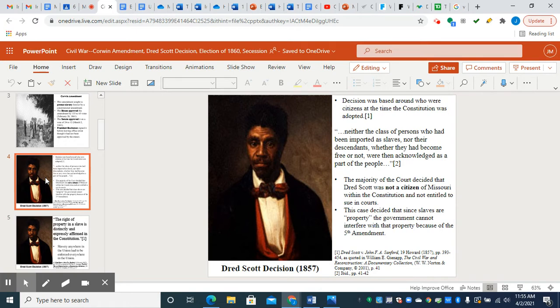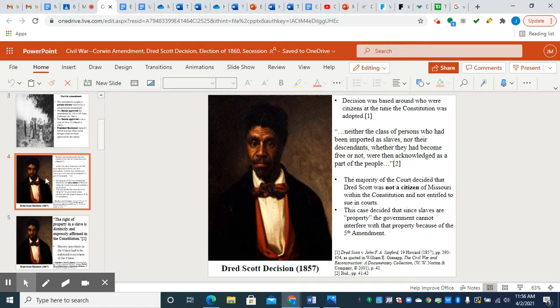Now, this case that came before the Supreme Court is seen as one of the reasons for leading to the Civil War, because of the decision that the Supreme Court made and the implications of that decision, meaning not just what happened in the decision itself, but the consequences from this decision and what that would mean for the whole United States.